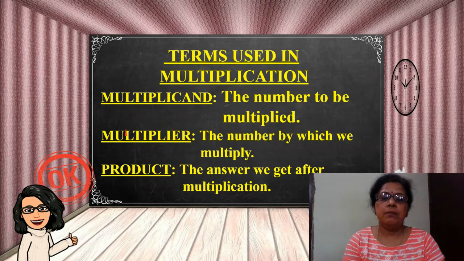Multiplier is the number by which we multiply the multiplicand. And when we multiply multiplicand and multiplier, the answer that we get after multiplication is called product. So the answer we get from multiplication is called product.